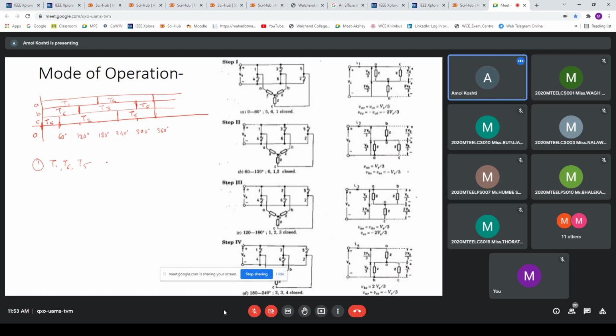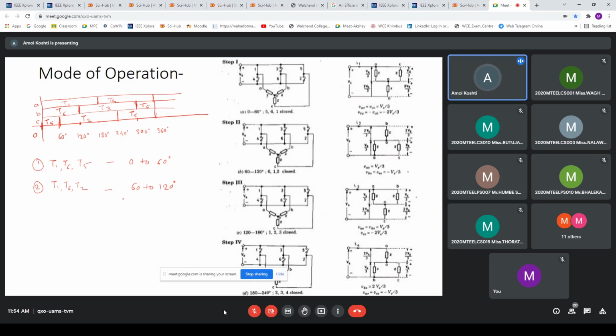In the second, from 60 to 120 degrees, you see at this instant T5 is turned off permanently. So during 60 to 120, T1, T6, T2 are on.